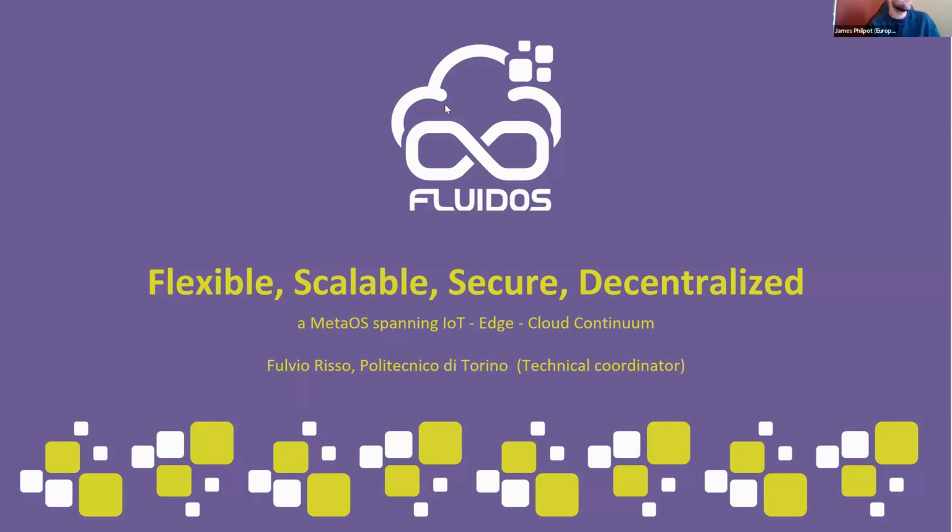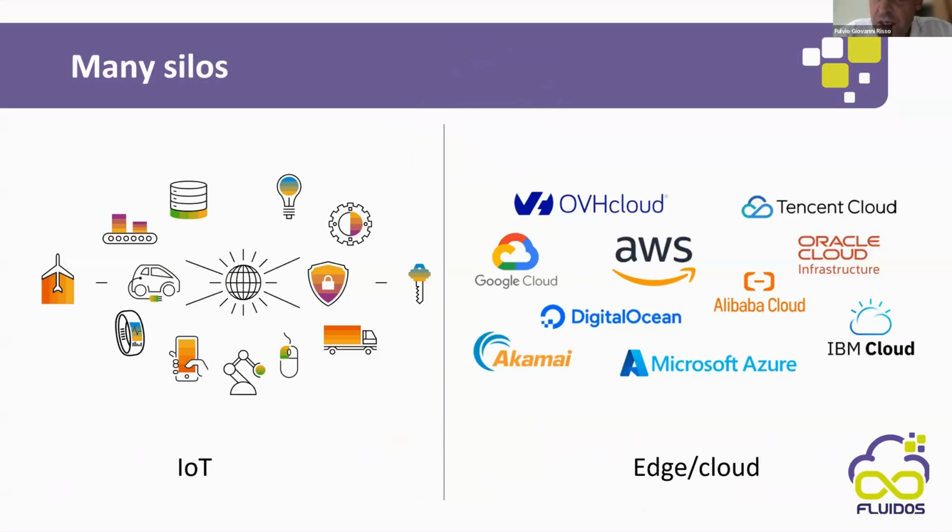Yep. Okay, perfect. So a brief technical introduction and some suggestions on how to create an application that could be more successful. Let's start from the original idea of this project: we have so many silos in both IoT and edge computing, but also in cloud computing.